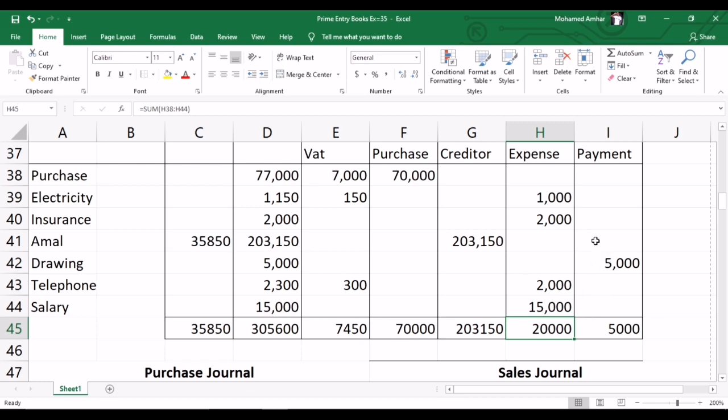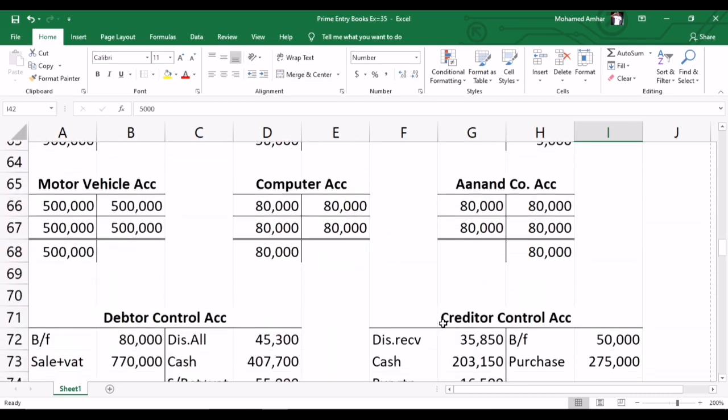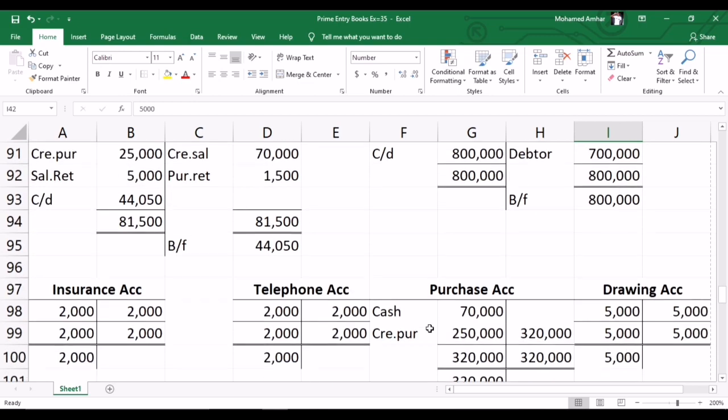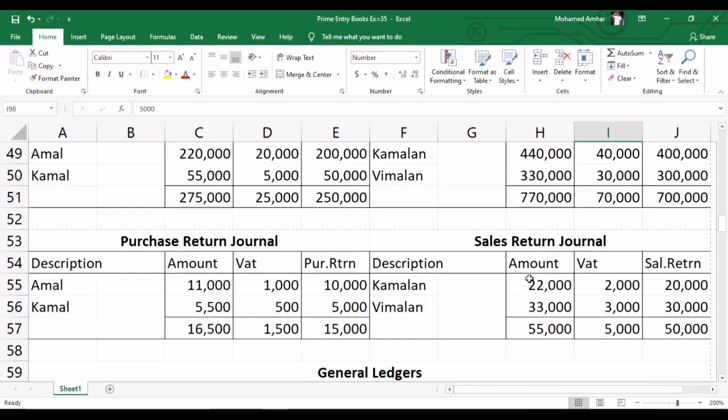Right, next, payment total 5,000. What is this payment? Drawing. So you debit this to the drawing account. Open a drawing account and debit here. Now the double entry is finished.